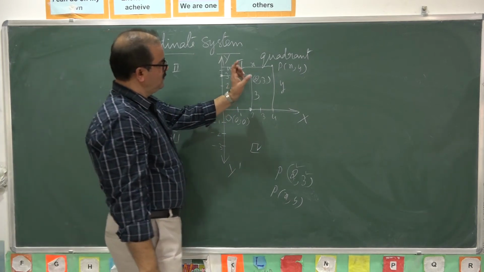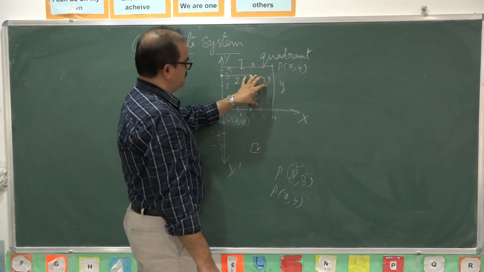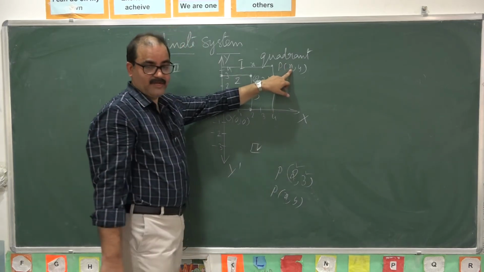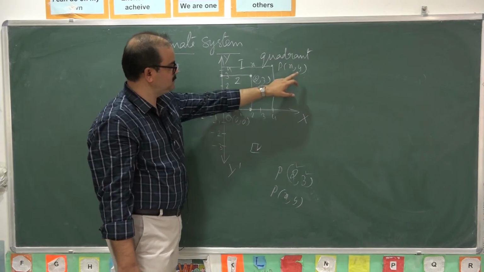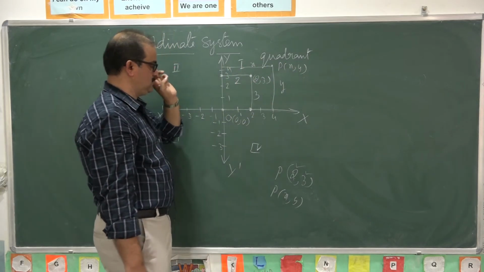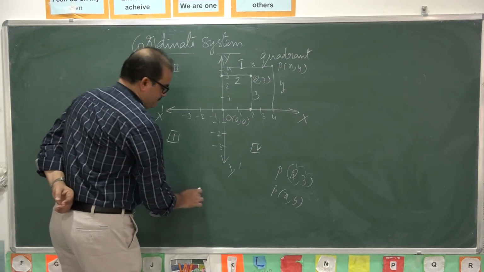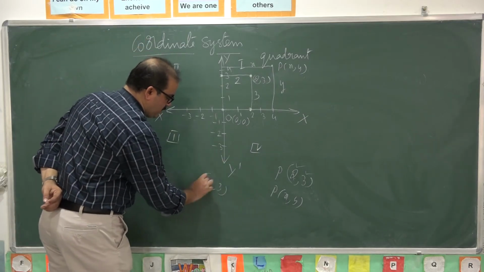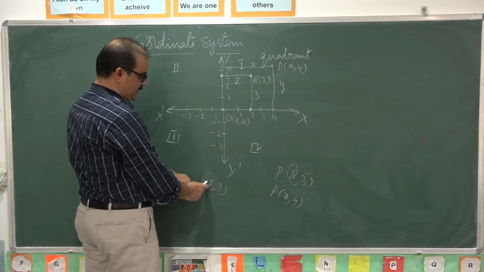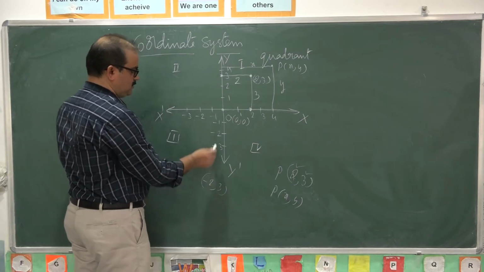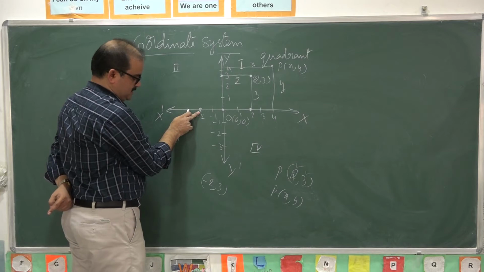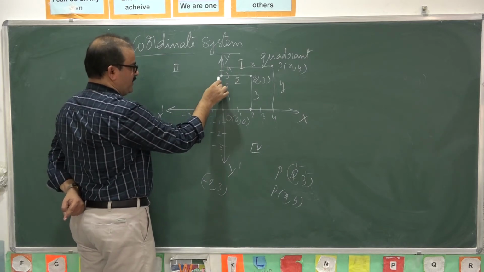So when a point lies in first quadrant, x coordinate is the distance from y-axis and y coordinate is the distance from x-axis. Similarly, how to locate the point (-2, 3)? Here x coordinate is negative, y coordinate is positive. So you take -2 on x-axis and 3 on y-axis.